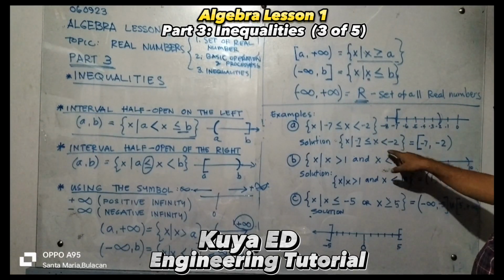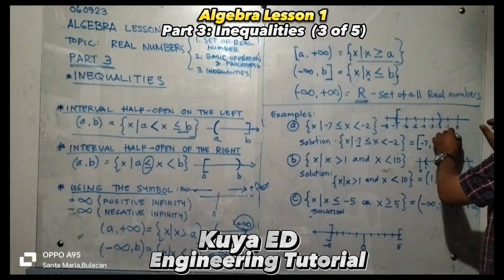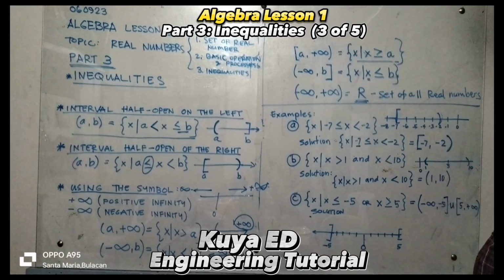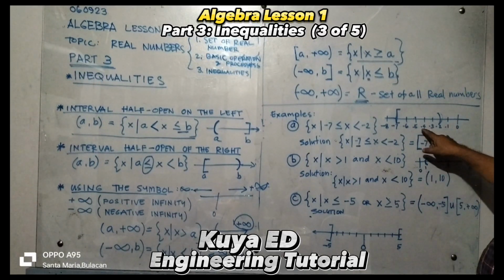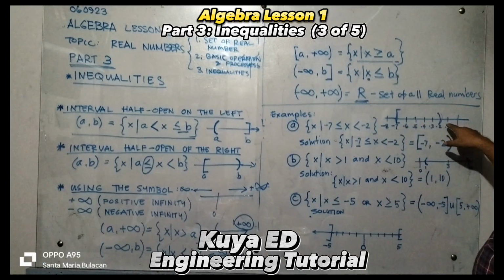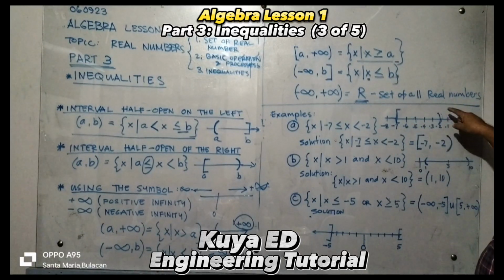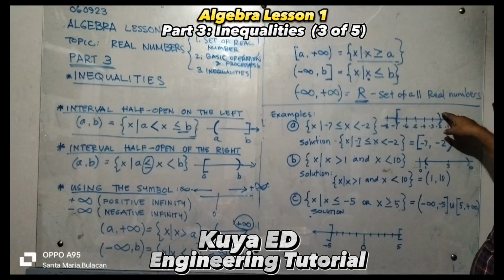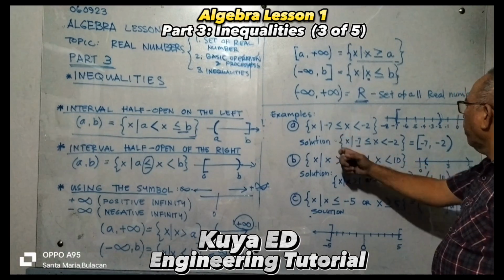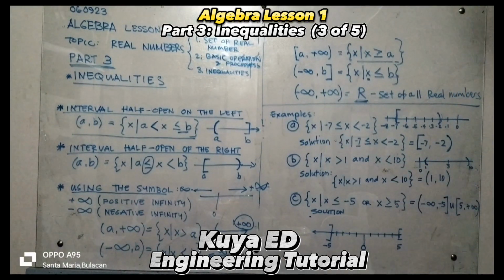Now, take note, less than ang ginamit, so parenthesis ang ilagay natin. Yan. So, the presentation on the number line, ito na ngayon. Negative 7 at saka negative 2 to satisfy the condition here. Okay?